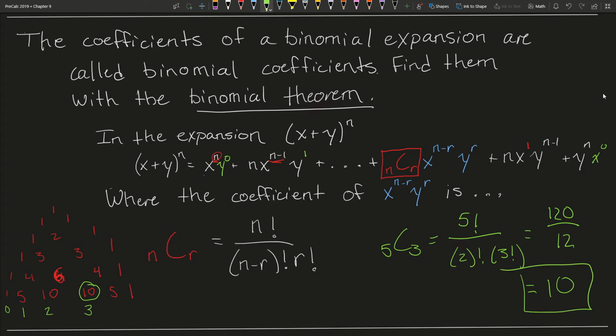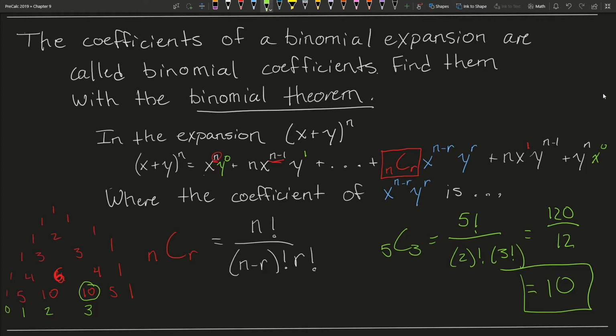Okay, so we'll be doing this kind of stuff today. We'll be trying to find coefficients of certain terms within certain expansions, and that's what your homework is over. Your homework is very, very basic. In hindsight, I wish I would have made it just a little bit harder, but this will do for now.